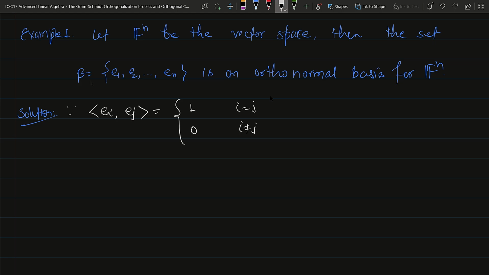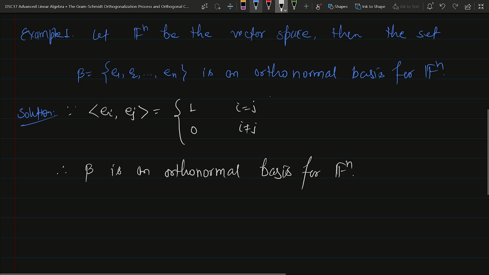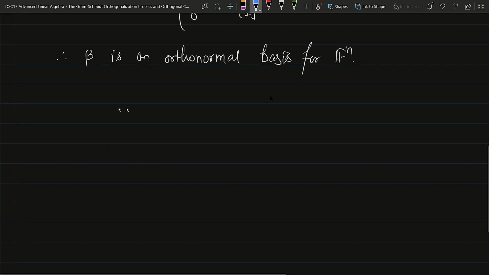So this beta is an ordered, this is an orthonormal basis, okay. So you can say beta is an orthonormal basis for Fn. Now come to the next example.